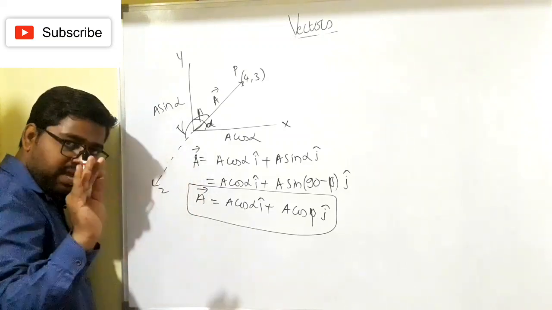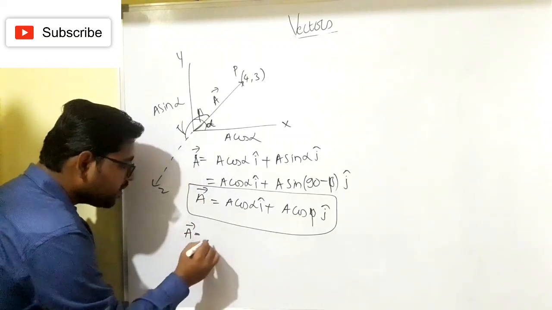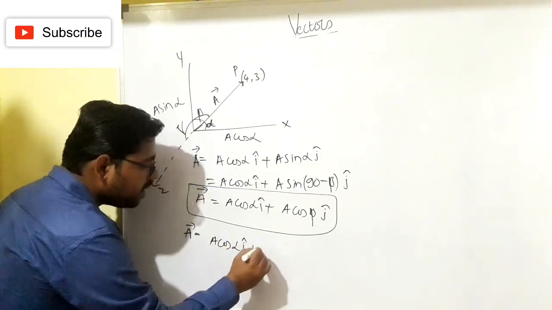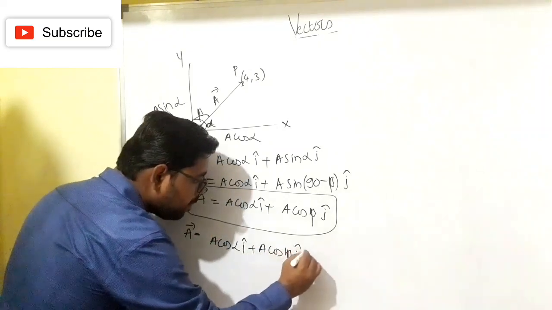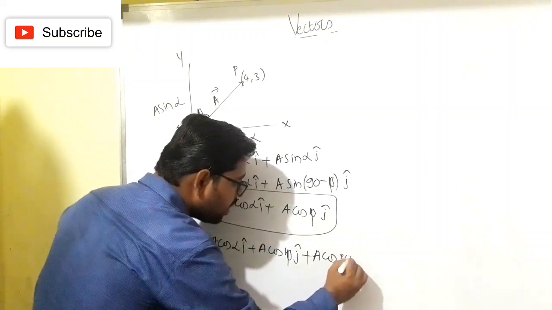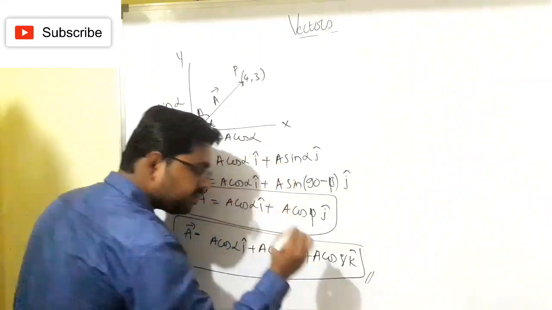If it were three axes, A vector is equal to A cos alpha i cap plus A cos beta j cap plus A cos gamma k cap. So this is how we represent it.